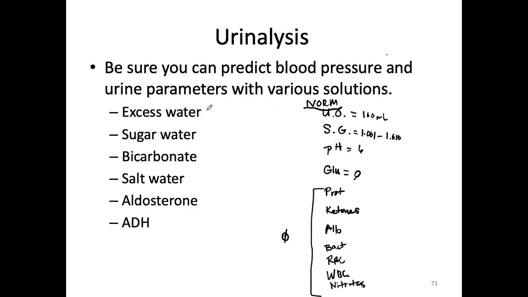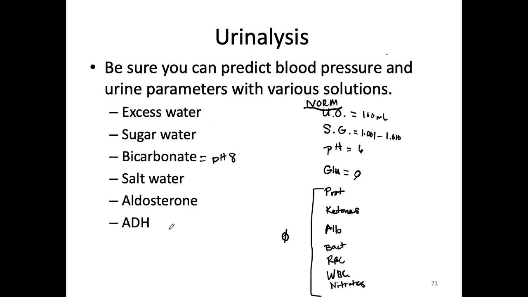Then I would have some people drink excess water, so 500 mils of water, or 500 mils of sugar water, or 500 mils of bicarbonate, which is a buffer, but excess bicarbonate is going to increase the pH of the bloodstream to 8. Okay, so that's going to affect your pH of your bloodstream. So you're going to hold on to protons, right? Salt water is going to dehydrate you.